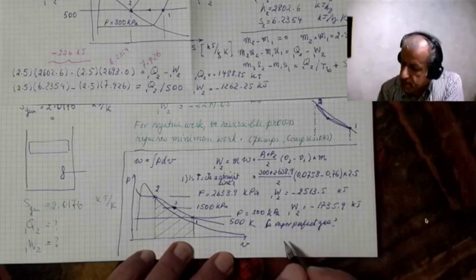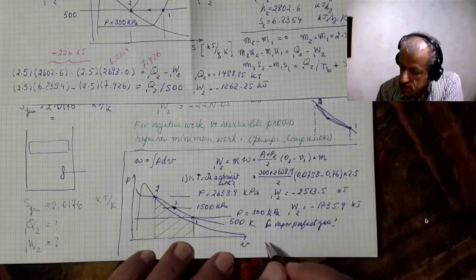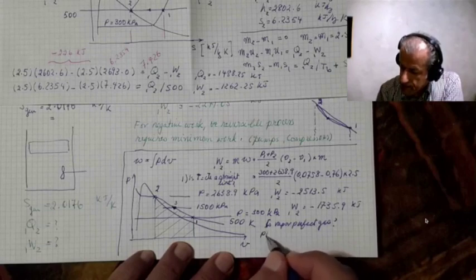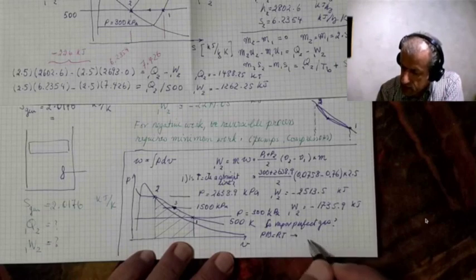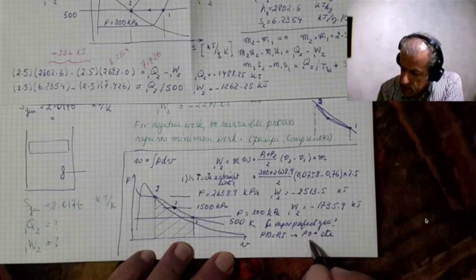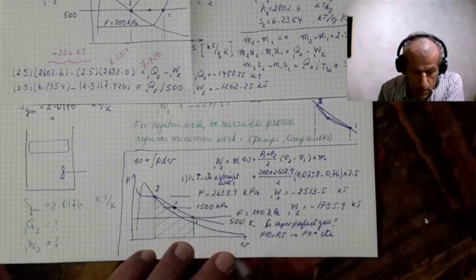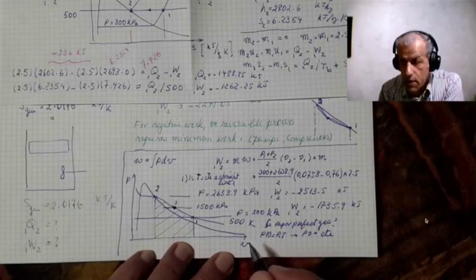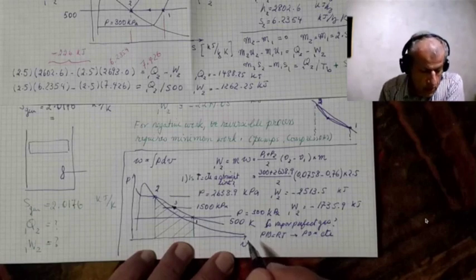If it is perfect gas, then PV equals RT, and that would give us that PV equals constant. We just have to insert this equation into this one, do the work here, and calculate the result.